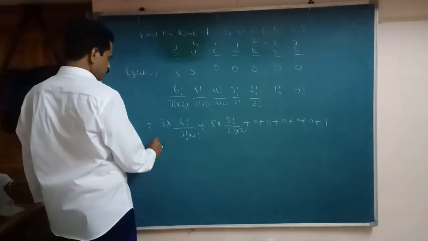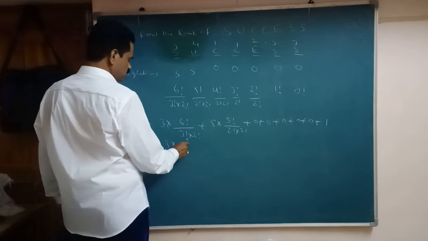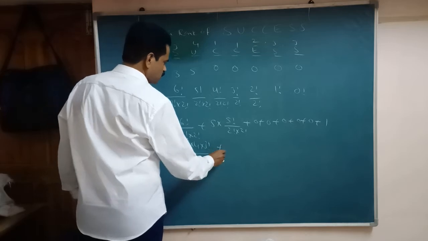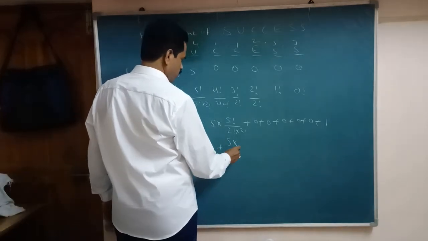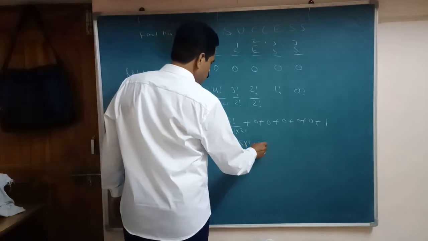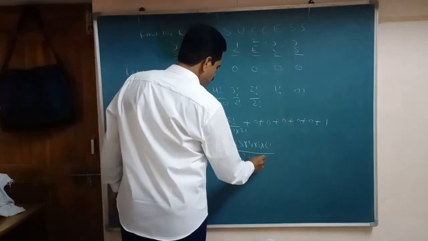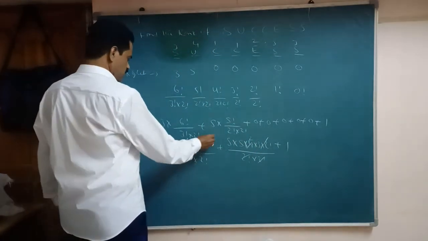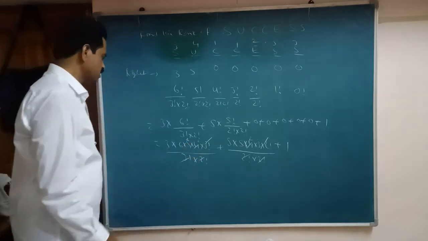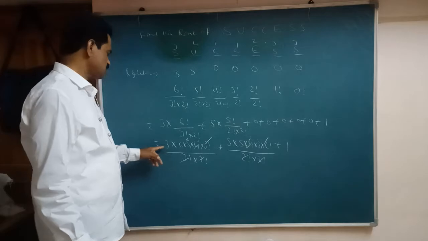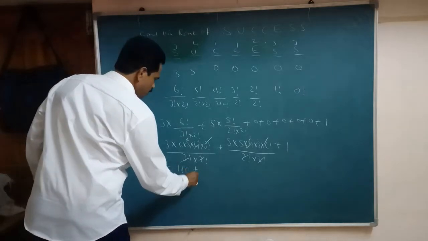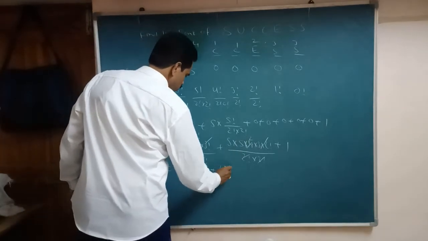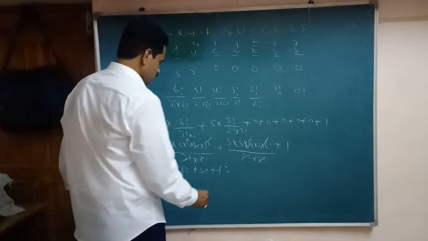So here 3 into 6, 5, 4, 3 factorial by 3 factorial into 2 factorial, plus 5 into 5, 4, 3, 2 factorial by 2 factorial into 2 factorial, plus 1. 3 cancel and 2 cancel. So this is 2 5 10, 60, 60 into 3, 180. Plus 5 5 25, 25 to 50, plus 1. So that is how much here? 231.